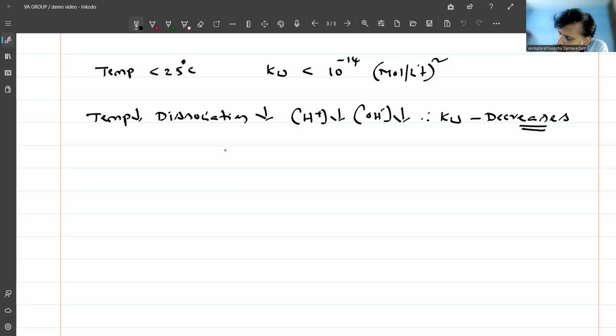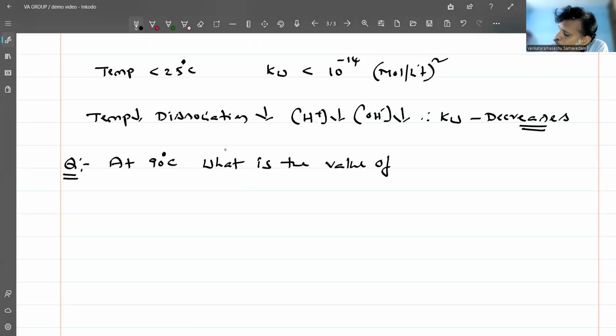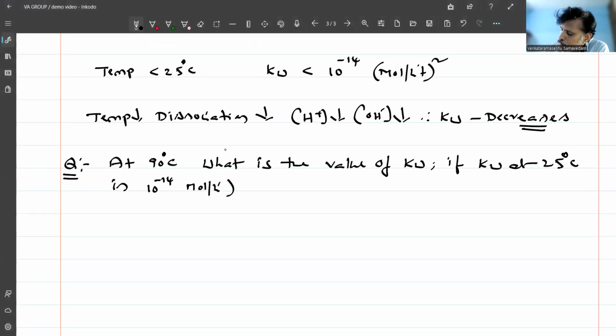We have a question, there may be a chance to give it like this. At 90 degrees centigrade, what is the value of Kw if Kw at 25 degrees centigrade is 10 to the power of minus 14 mole per liter whole square?